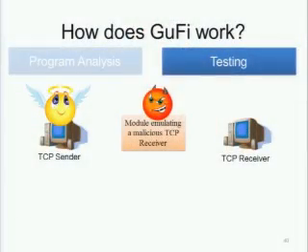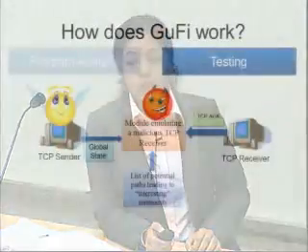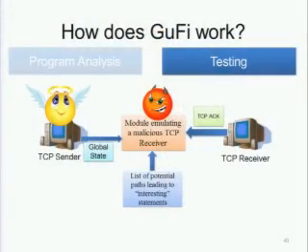In this setup, whenever the TCP receiver sends out an acknowledgement message to the sender, it is intercepted by this module. This module then takes global state from the TCP sender and also takes the list of potential paths that we had generated that lead to interesting statements, and figures out how to modify this ACK packet in order to trigger one of these interesting statements. It then sends back this modified ACK to the TCP sender.